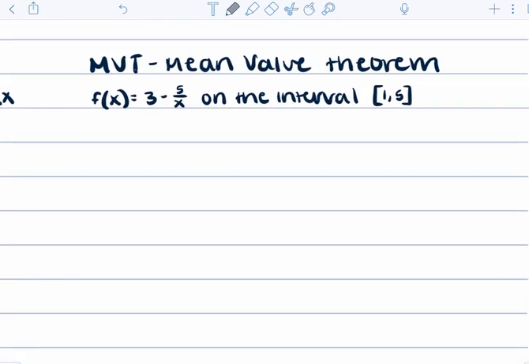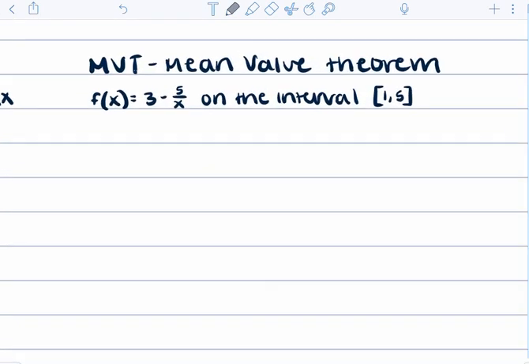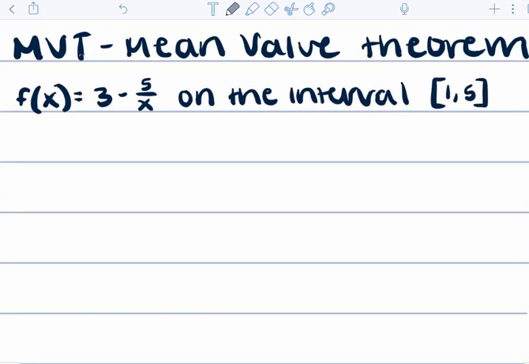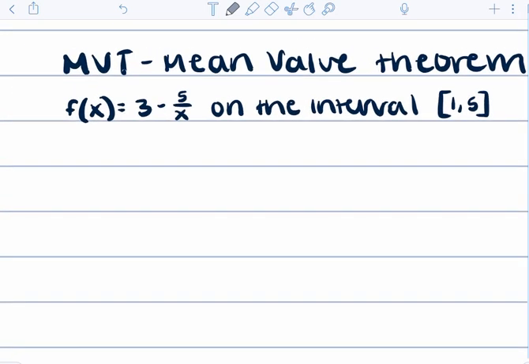The next question says use mean value theorem, and it gives us this function right here, and it gives us a specific interval. So the first thing that we want to check is to make sure that this function and this interval don't have any discontinuities. So what I mean is there's no hole or break or asymptote between 1 and 5.